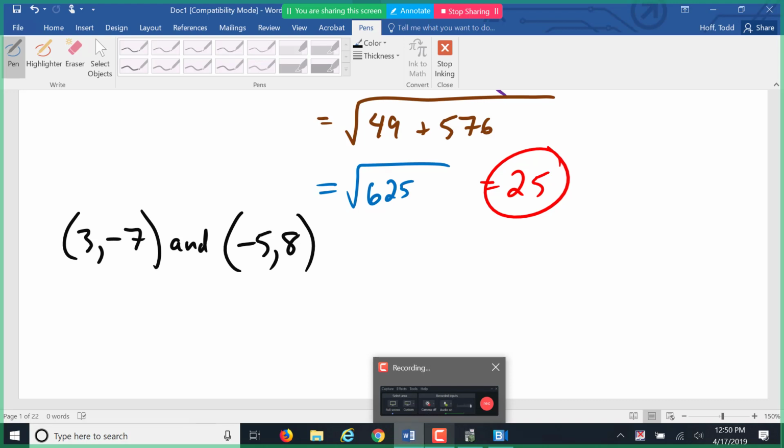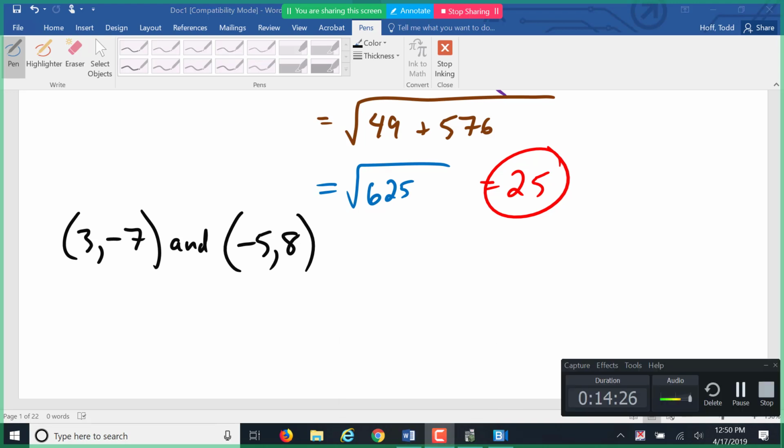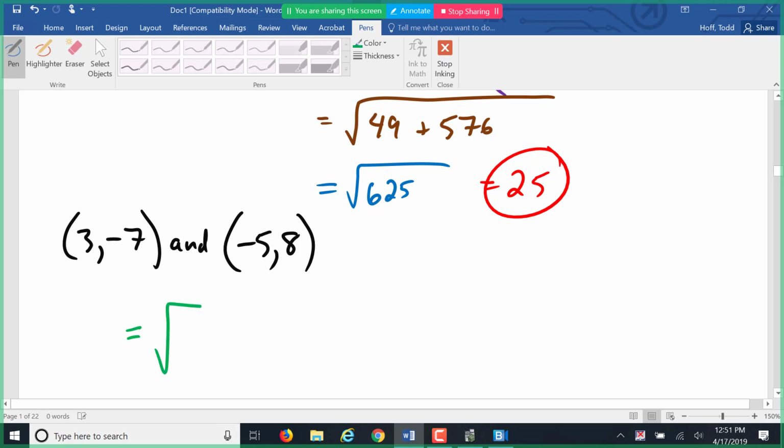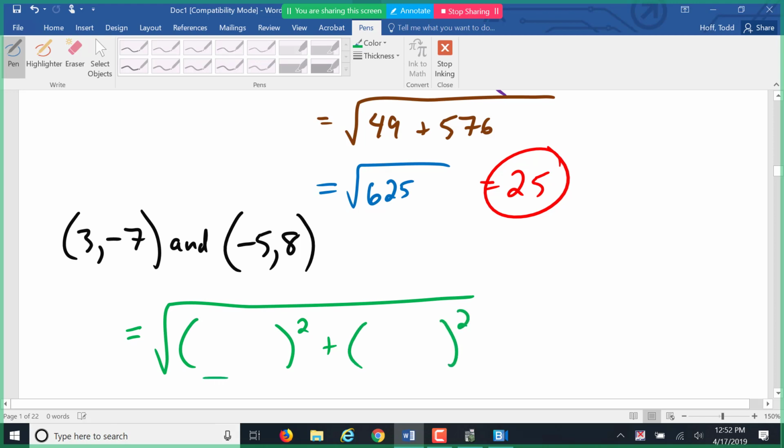I'm going to give you a minute or so to work that. So this will be the square root of... what's going to go in this first set of parentheses? Well, what are the 2 numbers that go in there? -5 minus 3. Good.